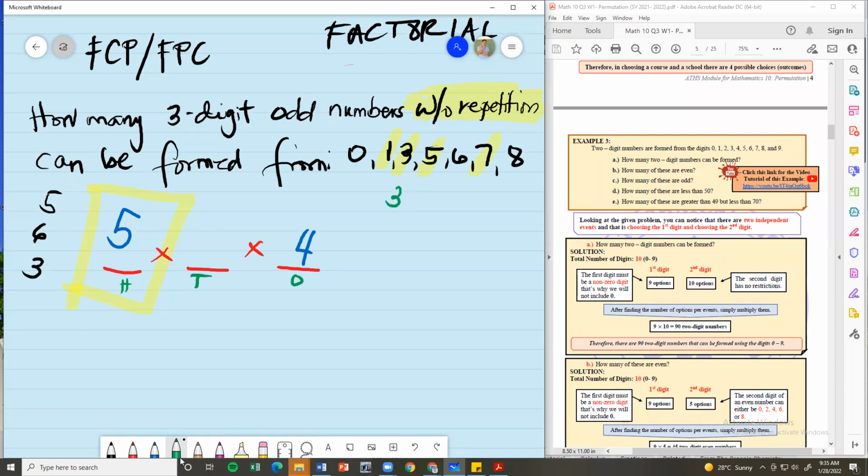And then, what else can be used? 6 and 8 can still be used. So plus 2. However, 0 cannot be used for the hundreds place because 0 can never be part of the hundreds place if it is a 3-digit number. Tama? So therefore, we only have 5 digits available.